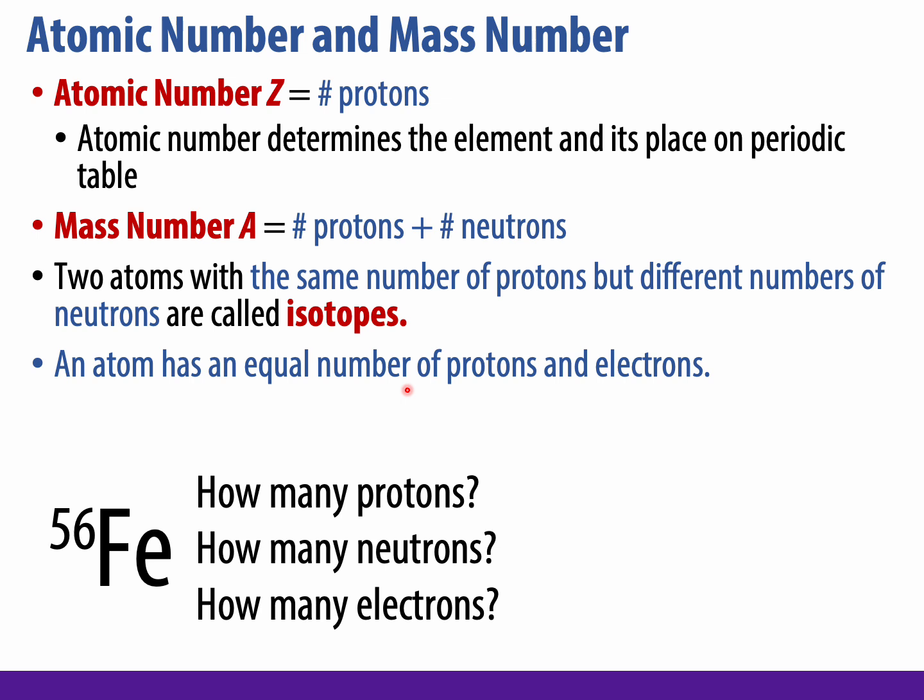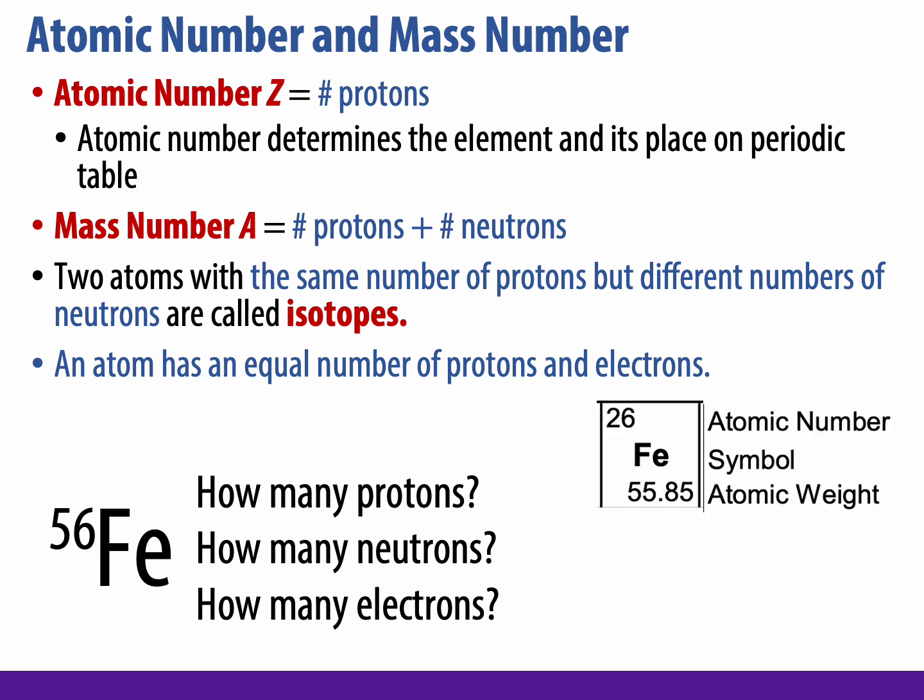Here's iron-56. How many protons, neutrons, and electrons are in that isotope? If we look at our periodic table, we can identify iron there, shown here. Up top is the atomic number, which is the number of protons, so that's just 26 off the periodic table.